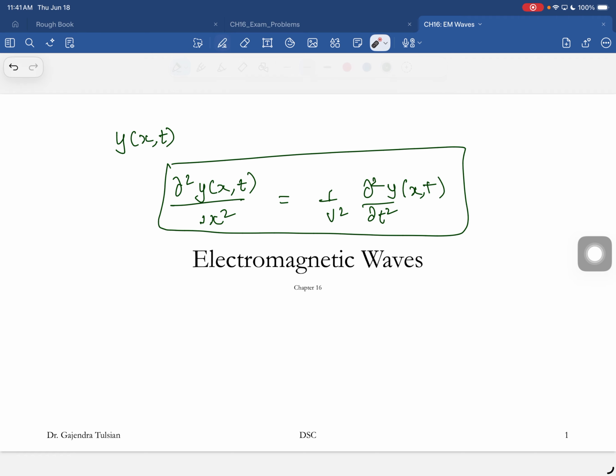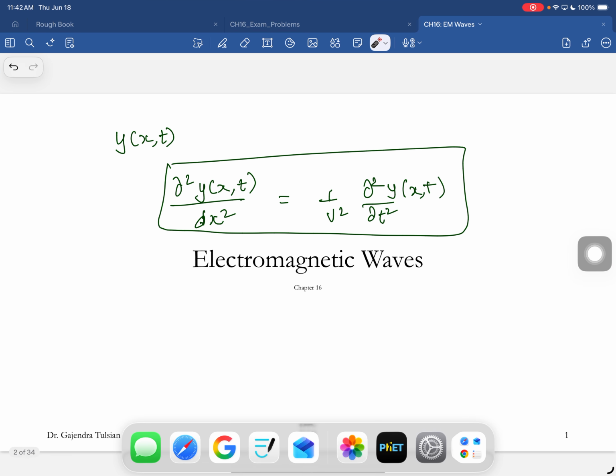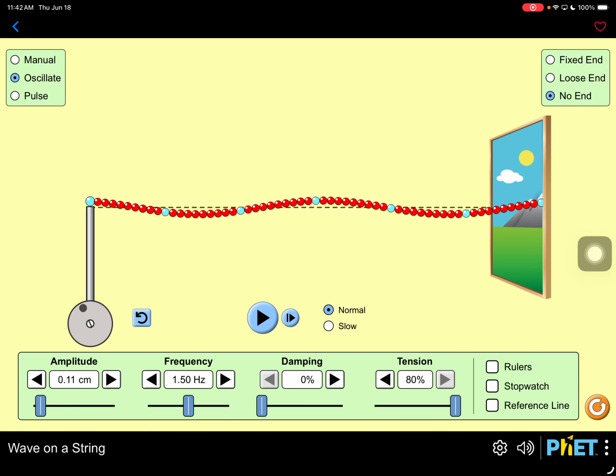What it's doing is relating. And what does partial derivative mean? Take the derivative of one variable and treat the other as a constant. That's right. Let's go back to that simulation. What that equation is doing is relating how y changes with respect to x to the change at a given location with respect to time. The two are related, and that's the wave equation.